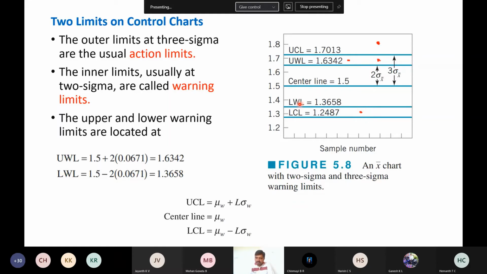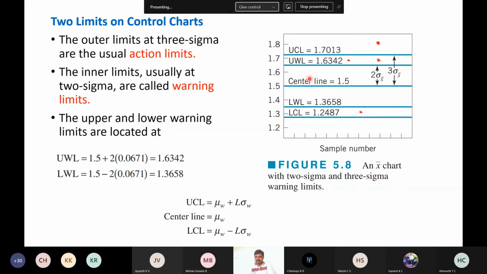If points lie beyond these warning limits, one who is looking at the control chart has to pay attention, even though these points are within the control limits. So that is the warning limit.